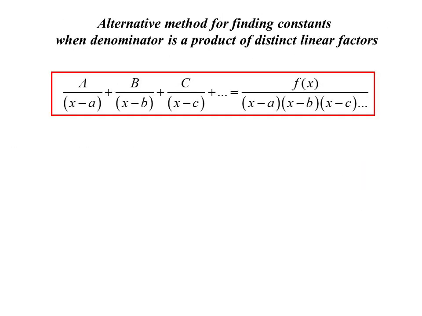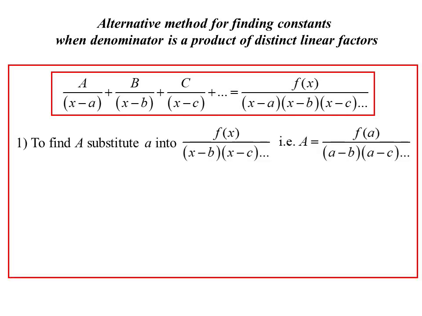Now, I'm going to show you another way of finding these constants, commonly known as the cover-up method. So when you've got all these linear denominators equals some overall function, there's a very quick way of doing it. To work out a, you substitute a into this function, but you cover up the factor that would become 0, which in this case would be x minus a, because that's what I'm trying to work out.